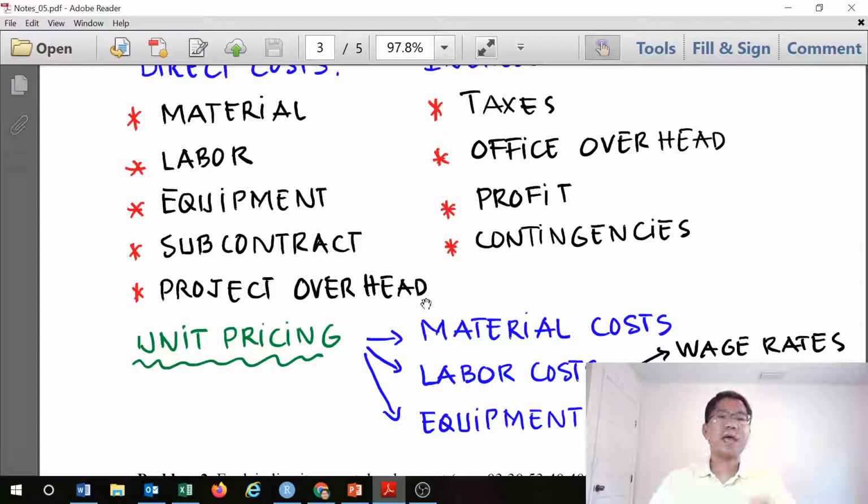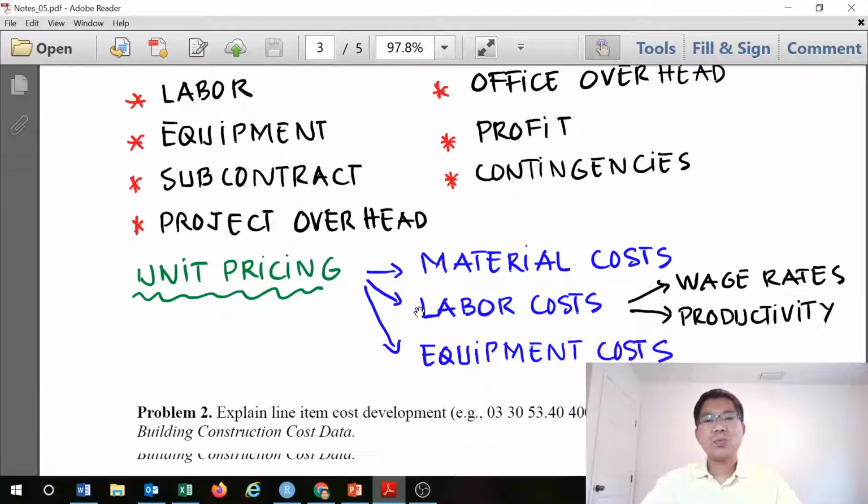If we can manage people who work effectively and efficiently, then it can save time, and that can reduce the labor cost. If it is not productive, and we talk about productivity in lesson 2 as well, then the labor cost will increase. We are not competitive anymore. Okay, so those are the three components for unit pricing.